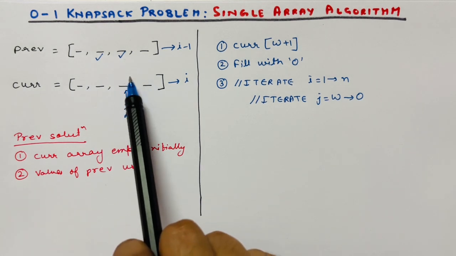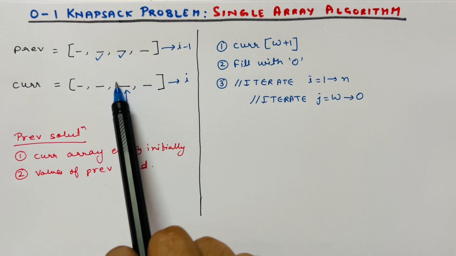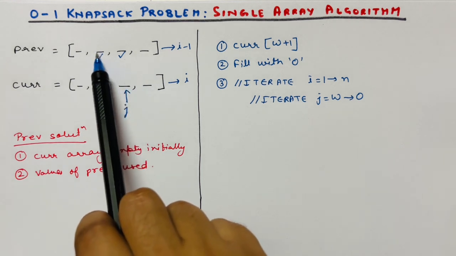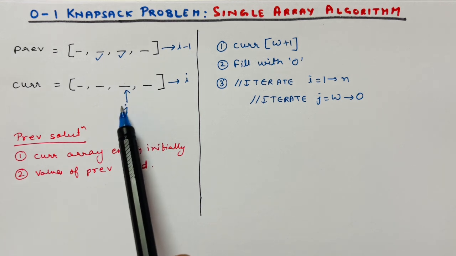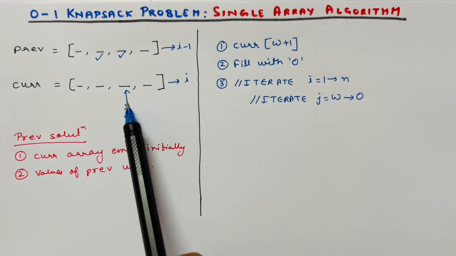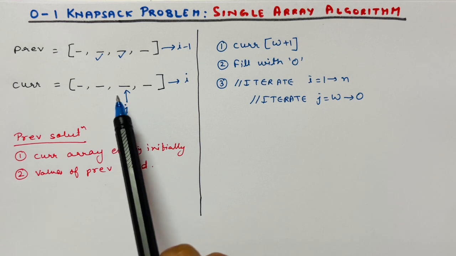Now, the updated value or the new value at this position will be the maximum of the two. This value is already filled here. So we need to update if this is a valid index to go to. That means the capacity of the knapsack that we are dealing with is greater than the weight of the last item.